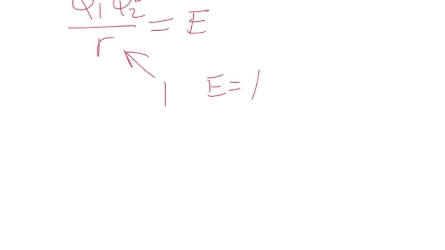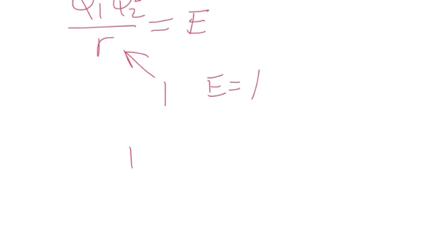So Q1, Q2 over R is equal to E. I'm not going to worry about my constant at this point, okay? If the top is 1 and the bottom is 1, then E equals 1, right?